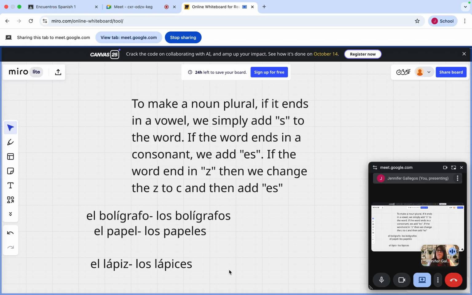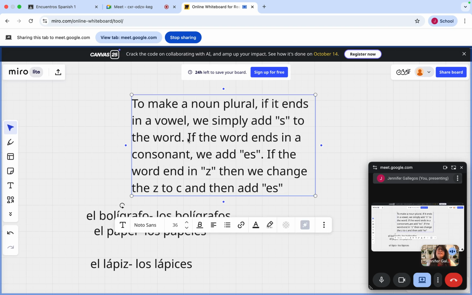Like looking at something and knowing, is it masculine or is it feminine? You have to think about it. Native speakers don't typically have to do that. They just know because of how they acquired the language. So you can get there too. You just have to have a ton of practice speaking Spanish over and over and over again.